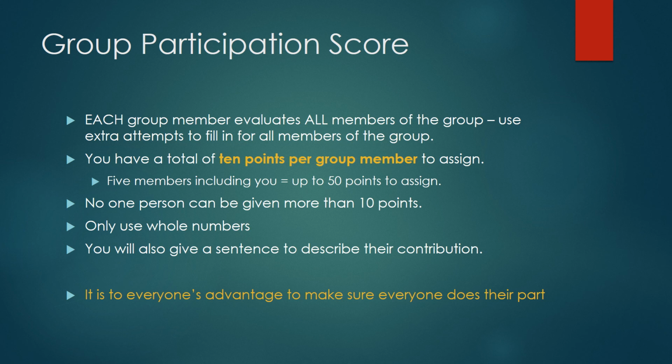It really is to everyone's advantage to make sure that everyone is doing their part. When I give you your score at the end, it will be an average of what everybody else said. If you do not take the quiz, then you get a 0 on this quiz. So please make sure you are going in and evaluating your group members. Okay?